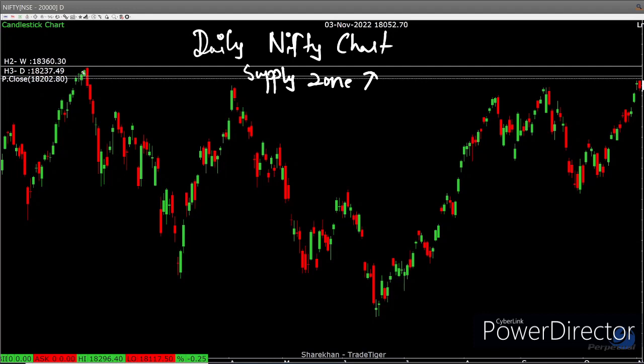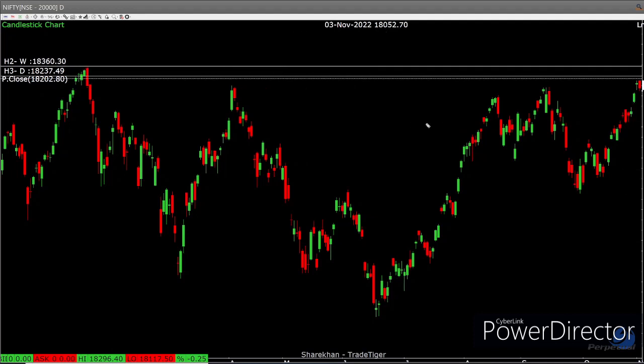And again, this is a rally, a base, and a drop. So this is the rally, this is the base, and this is the drop. So this is the supply zone that I've marked here. I actually marked it a day or so prior, and I'll show you what has happened. Let me just delete all of this.